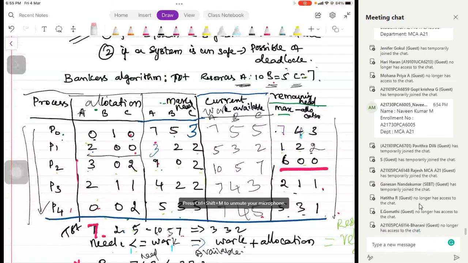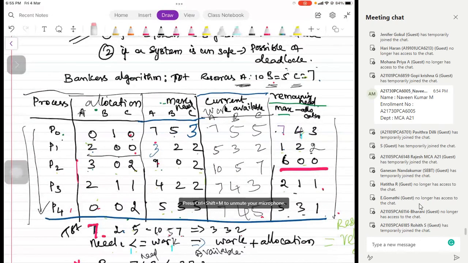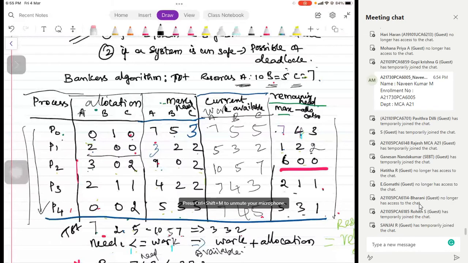இப்போ டோட்டலா எவ்வளவு நம்ம அலோகேட் பண்ணிருக்கோம் இனிஷியலா? A resource 7. அதே மாதிரி B resource 2 அலோகேட் பண்ணிருக்கோம். C resource 5 அலோகேட் பண்ணிருக்கோம். சரியா? 7, 2, 5.